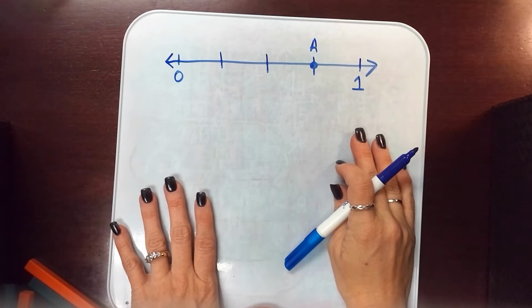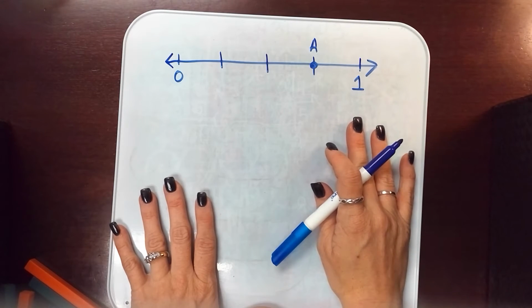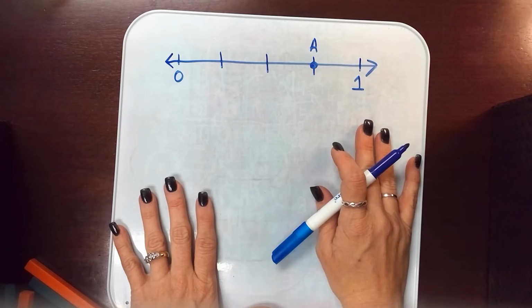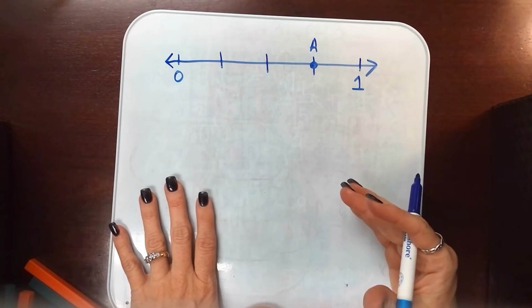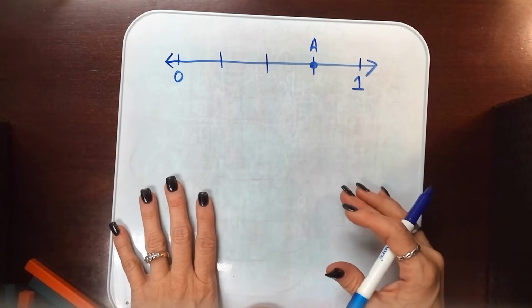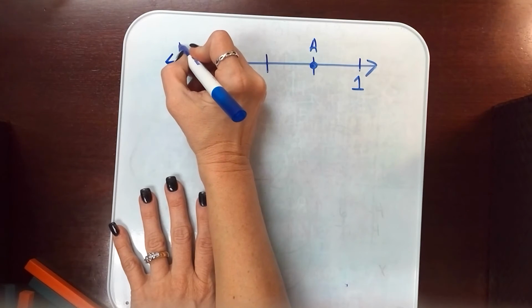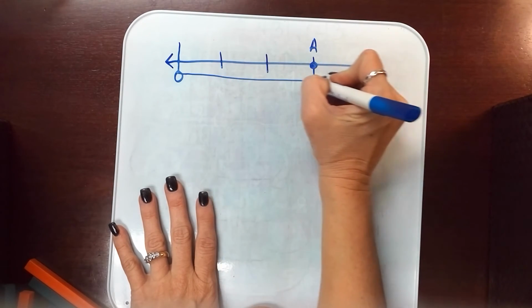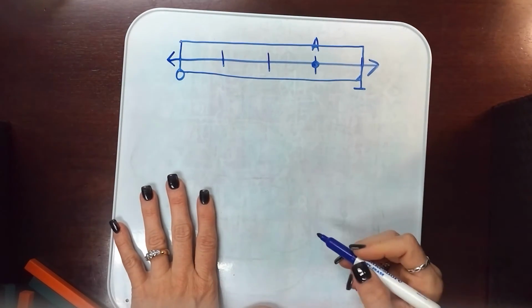This is what we've been working on. We've been representing fractions. And I do want to show you a little trick here that'll help students. It helped my students when I taught, is that I turn this number line into a fraction bar because that's easier for them for some reason than looking at it like a number line. So I look for the 2 whole numbers and I draw a fraction bar, okay?